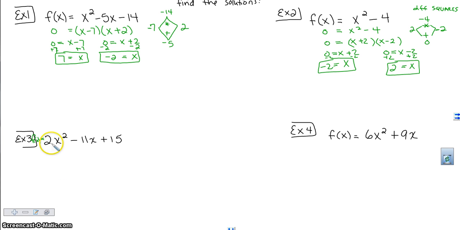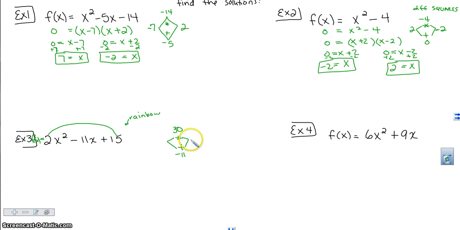Alright, this one has 3 terms, and a is not 1. So this is a rainbow type problem if we're going to factor. You could also remember, you can do the quadratic formula on any of these at any point in time if you would prefer. Alright, so rainbow, we're going to multiply a times c. So that would give me 30. So what multiplies to 30 and adds to be negative 11?